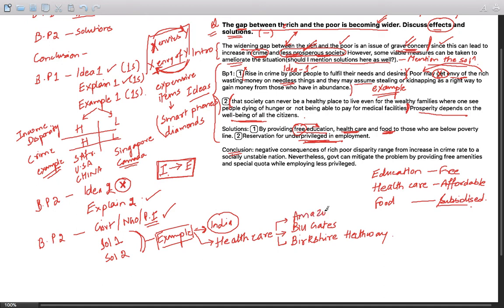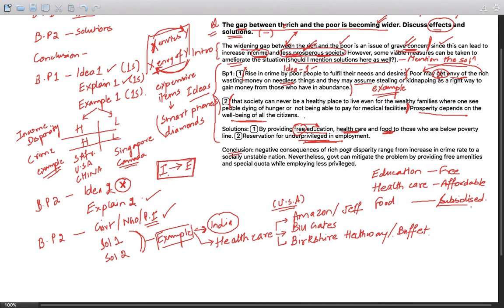They have also entered. Let me write over here Buffett. Okay. So healthcare, private people have entered into it, and they have decided to provide affordable healthcare to American citizens, to United States of America citizens. Okay. There are a number of examples that you can write to substantiate your answer.